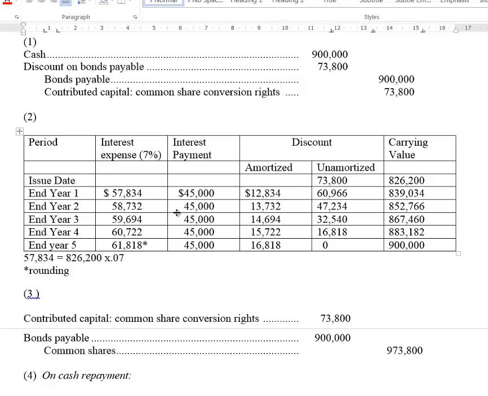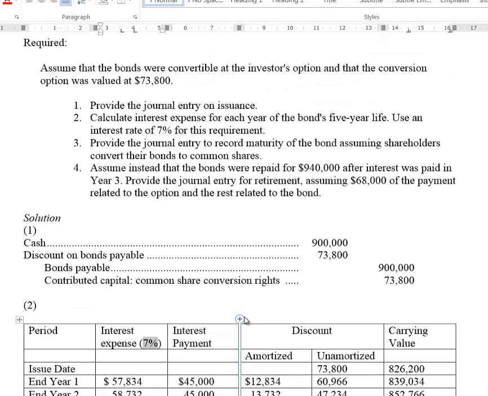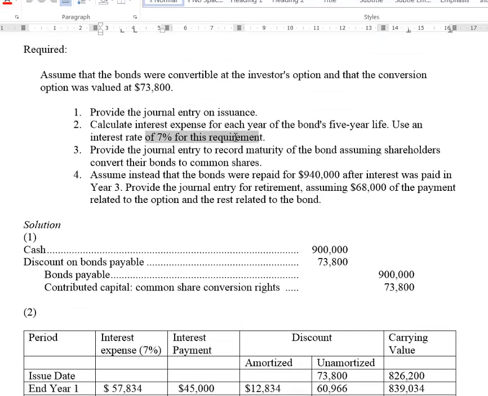You can calculate the interest expense every period using the carrying value to open the period and multiplying it by your yield or market rate, which is 7%. They give us that in the question right here.